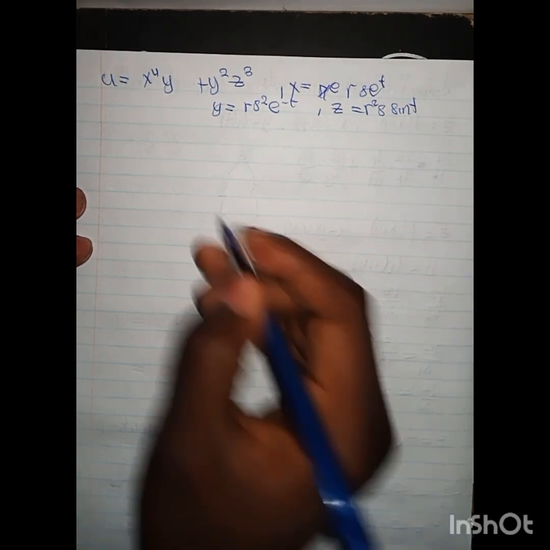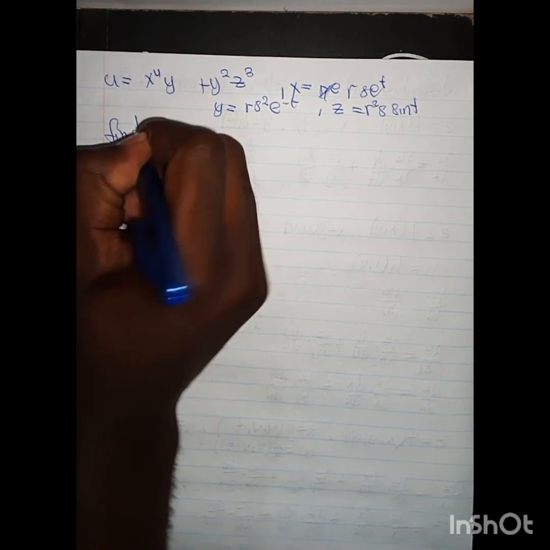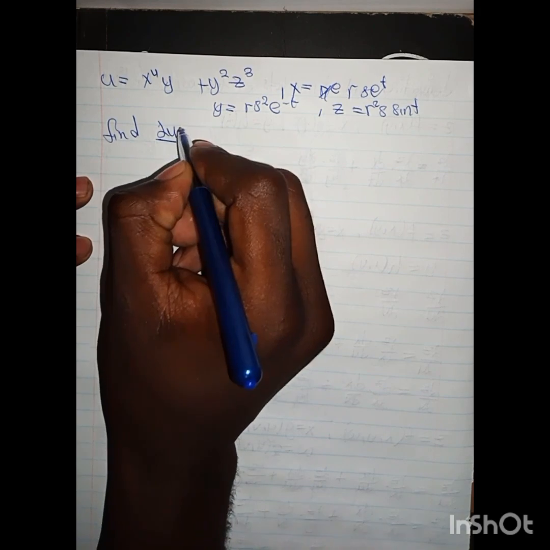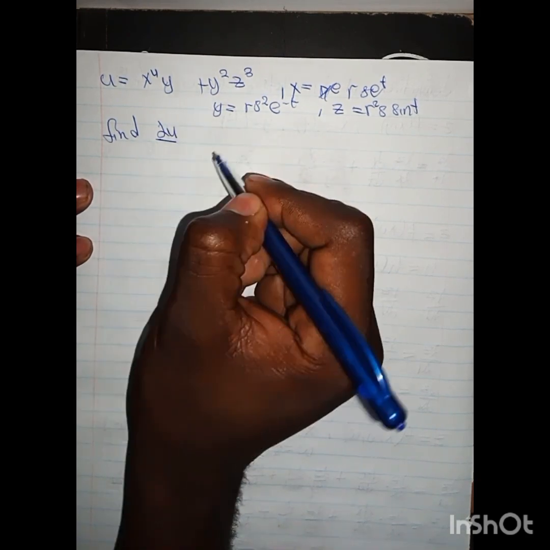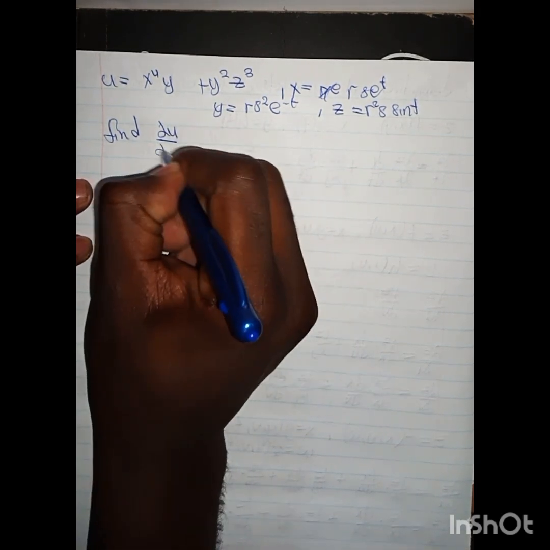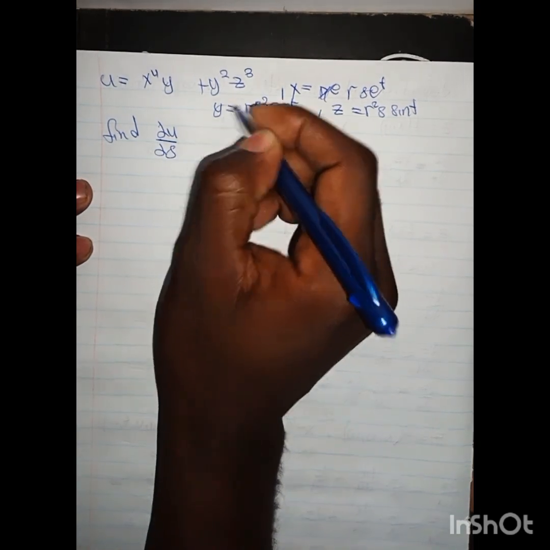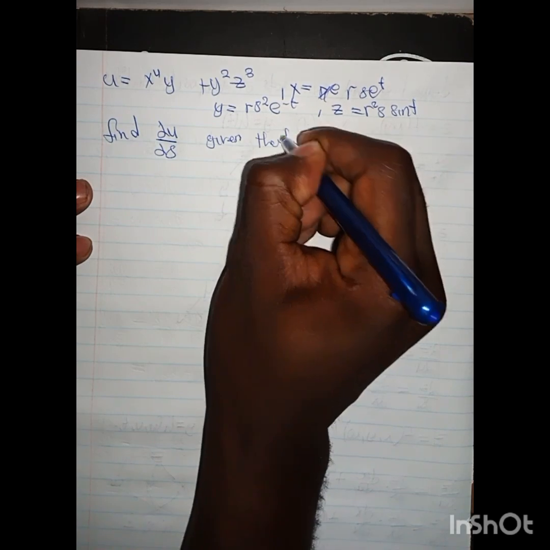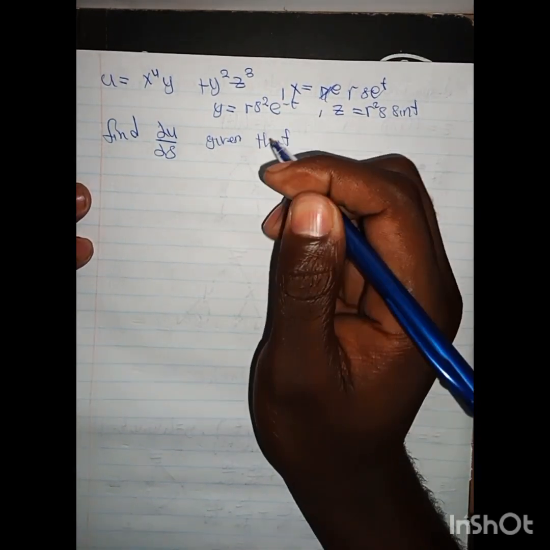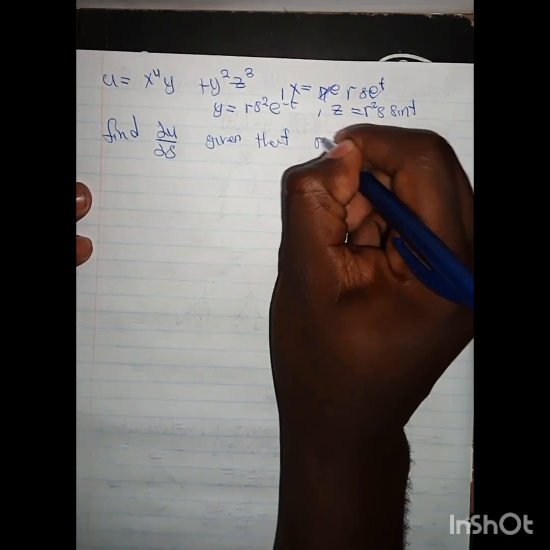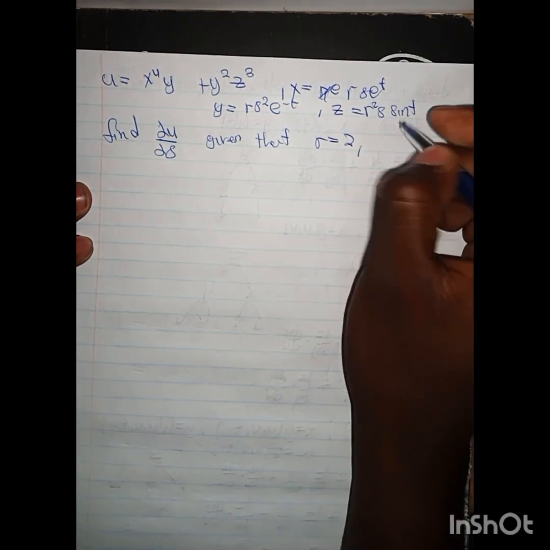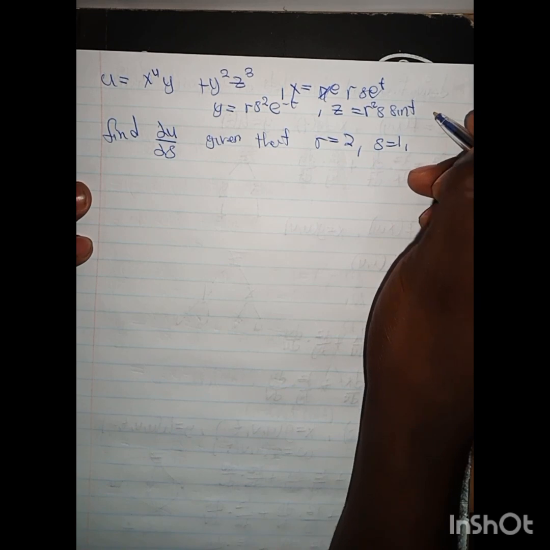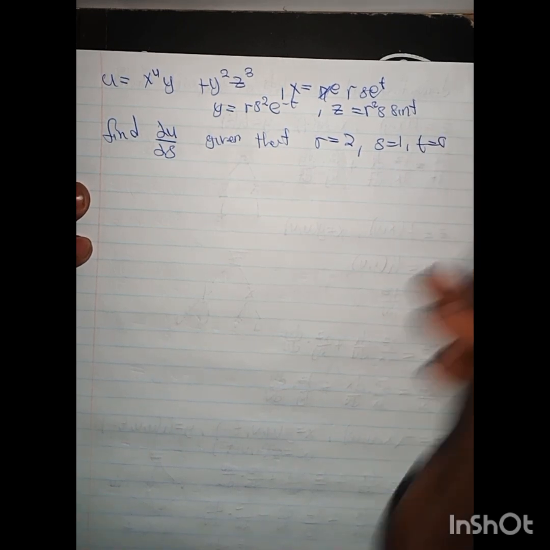So we want to find du/ds, given that the value of r is 2, the value of s is 1, and t is 0, like that.